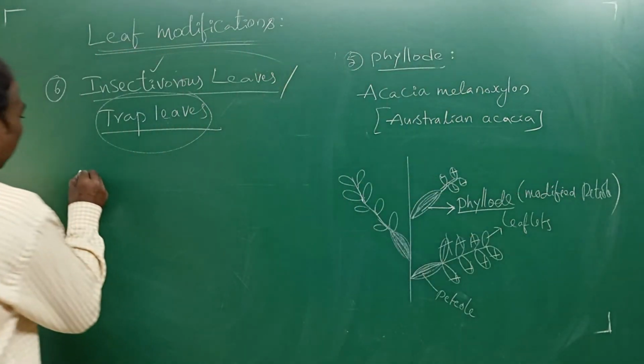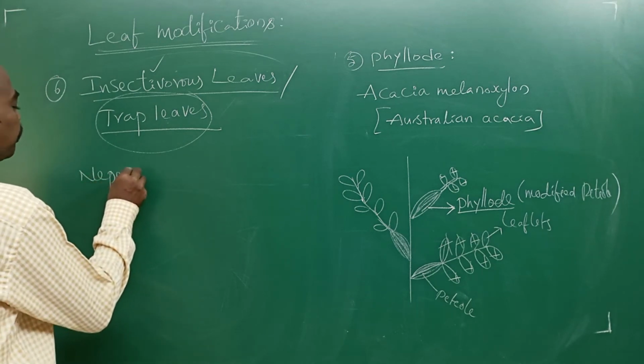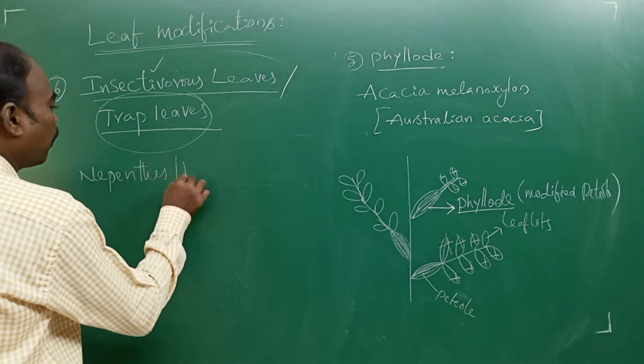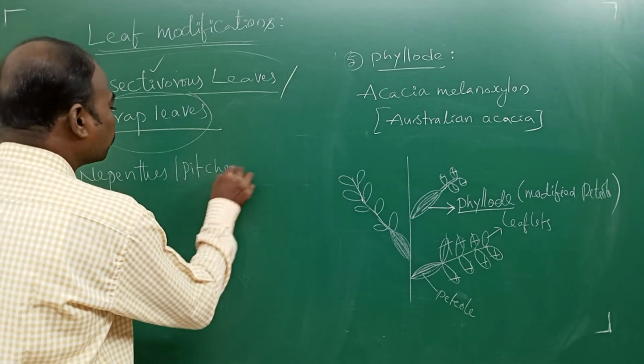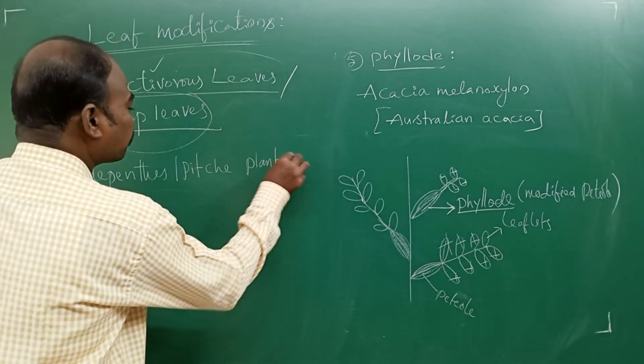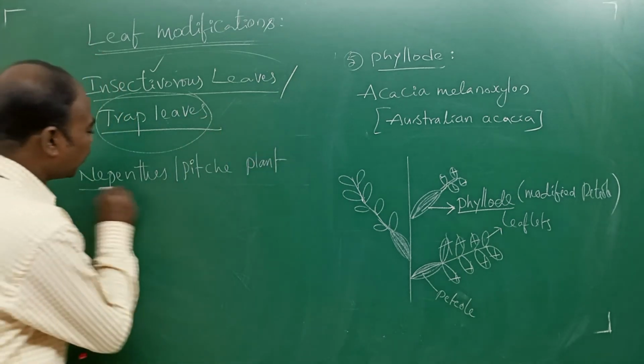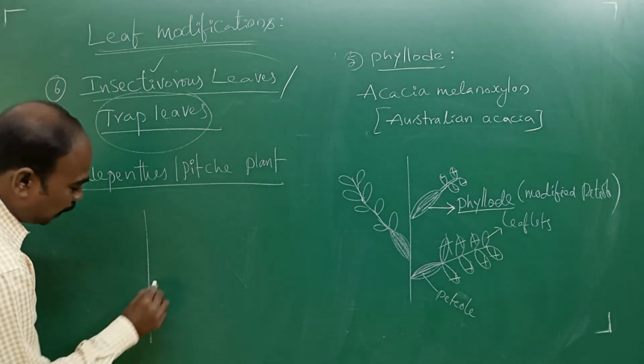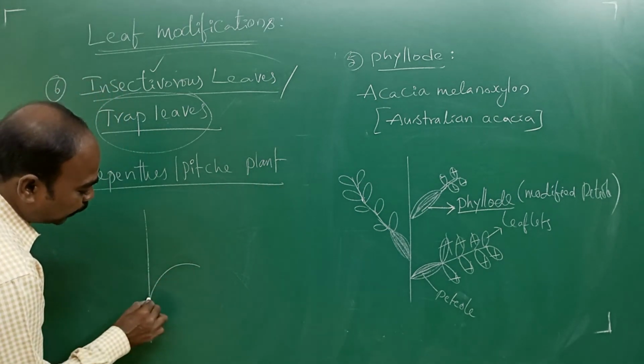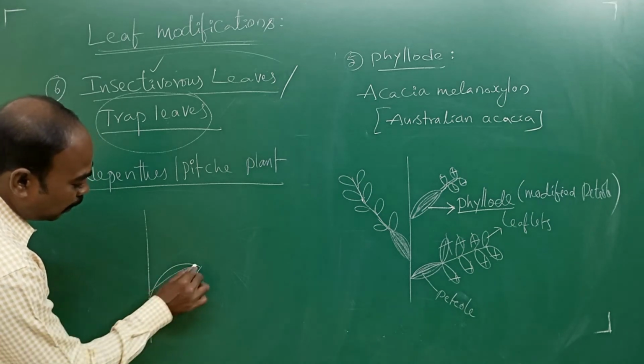For example, Nepenthes, pitcher plant. In this Nepenthes or pitcher plant, the leaf gets modified into different shapes.